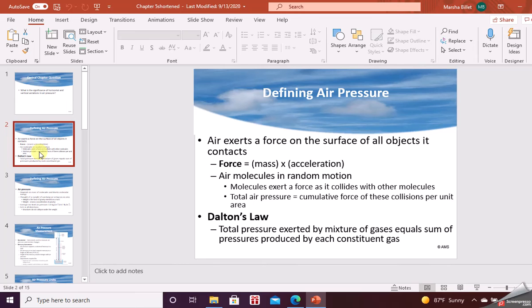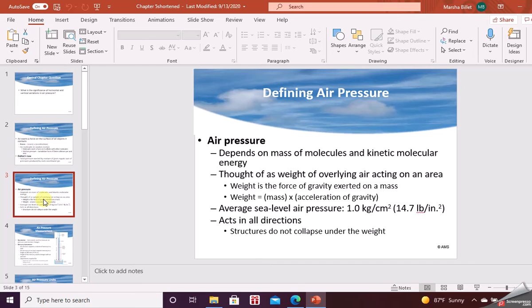Each one of those exerts a different pressure, but the total is what showed up back on that surface weather map. So we define air pressure, just like I said, by the mass of molecules and the kinetic energy of those molecules. The average air pressure over the whole world is 1 kilogram per square centimeter, or 14.7 pounds per square inch.